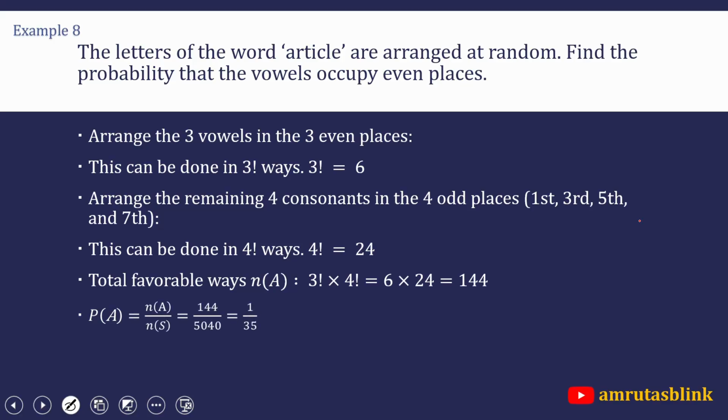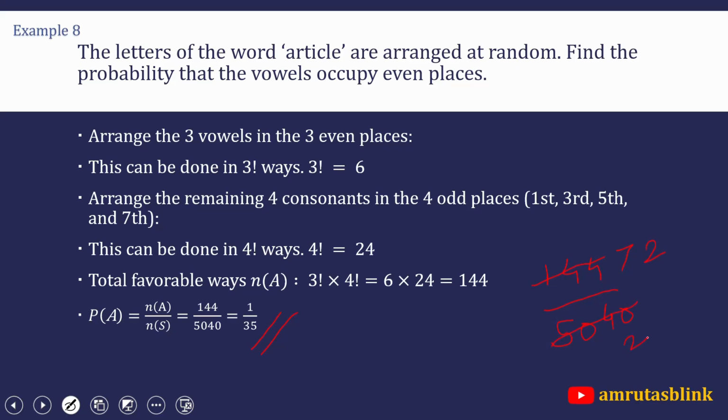So the probability of this event A is equal to n of A upon n of S, which is equal to 144 upon 5040, which you can further simplify, and it is equal to 1 upon 35. So let's say this 144 and 5040. You can divide this by 2. So 2 sevens are 14 and 2 twos are 4.